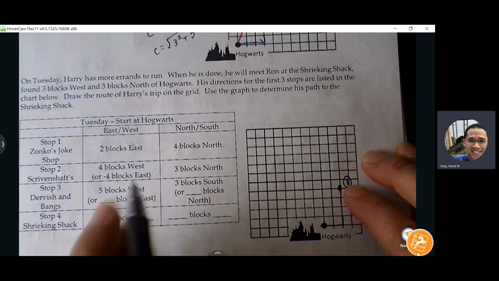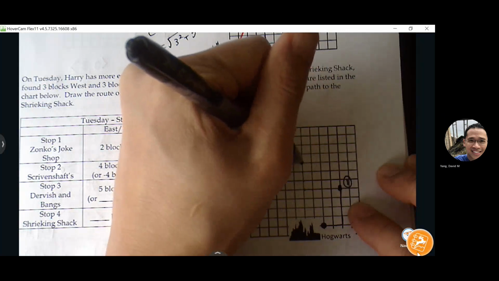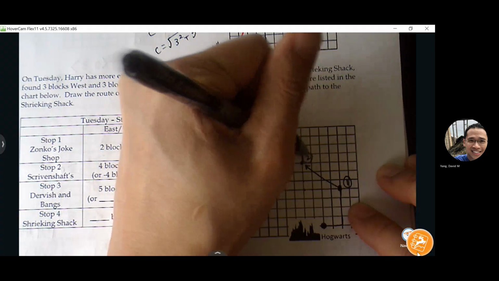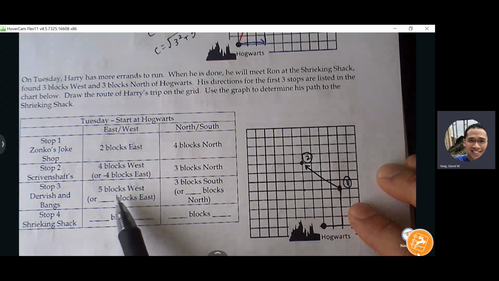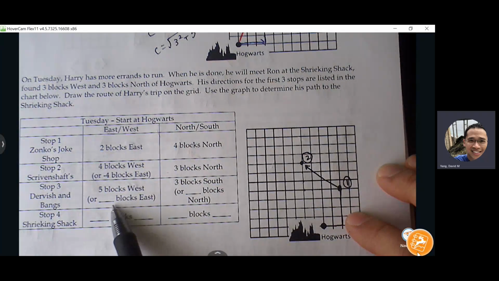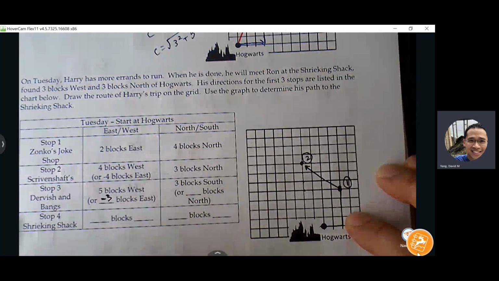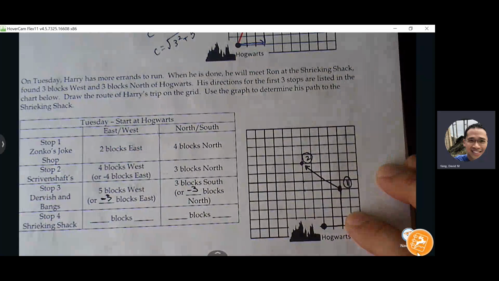So 4 left and 3 north. And then from stop 2 to stop 3, 5 blocks west, or in other words, negative 5 blocks east. Again, there I go, left 5, and 3 down.